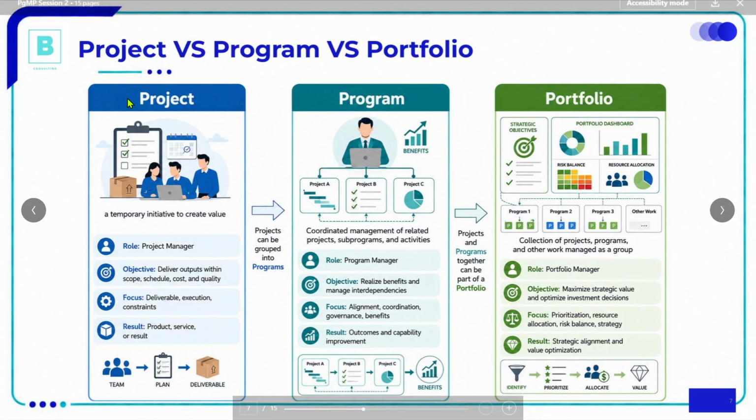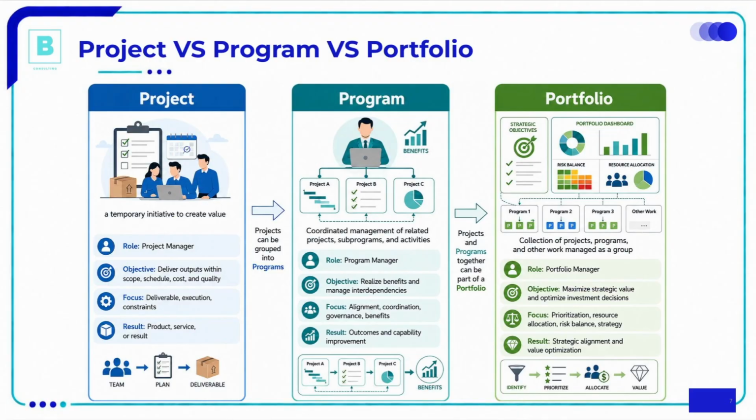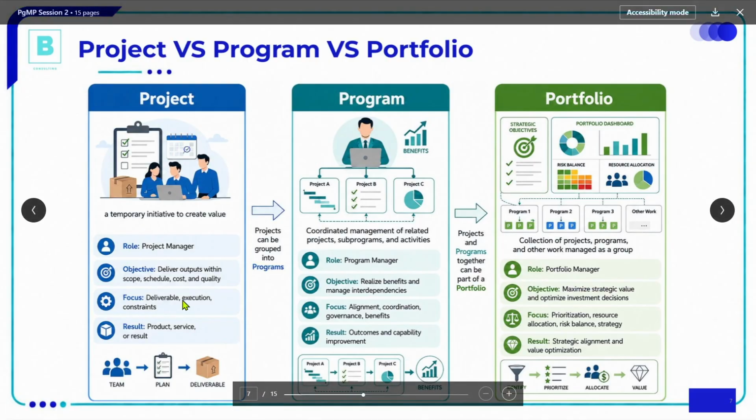Okay, so the project is a temporary initiative to create value. The project delivers output. It focuses on deliverables and gives products or services. Programs have multiple interconnected projects led by the program manager to realize benefits.